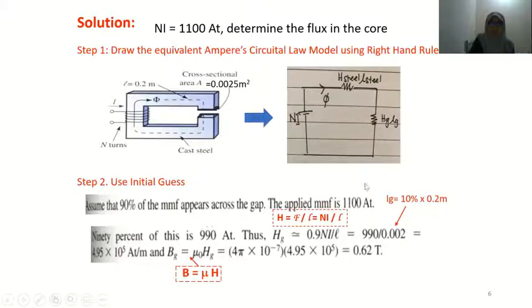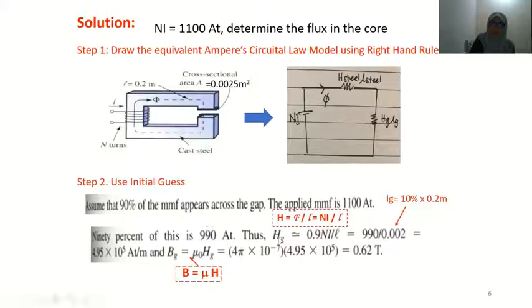The applied MMF in the question is 1,100 ampere turns, so 90% of the applied MMF for the gap is about 990 ampere turns.